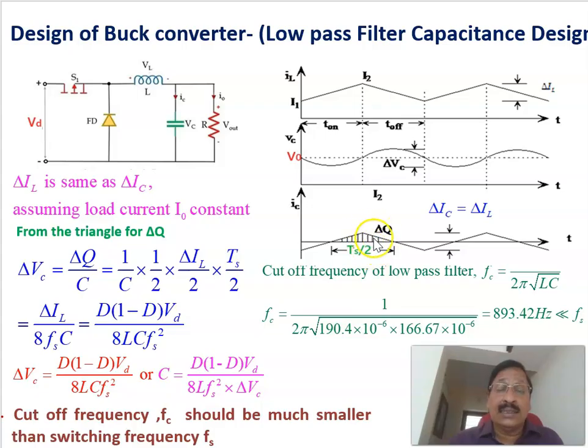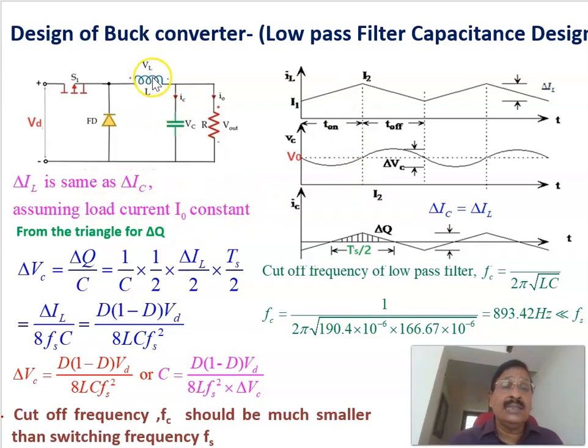We approximate that this duration is half of the time period, so Ts by 2 is this duration. Because of the charge stored in this duration, there will be a change in voltage, delta VC, caused by the charge delta Q. Therefore, delta IL is the same as the capacitor current change, because the load current is assumed to be constant.